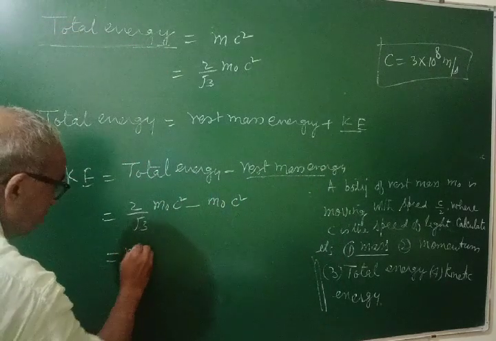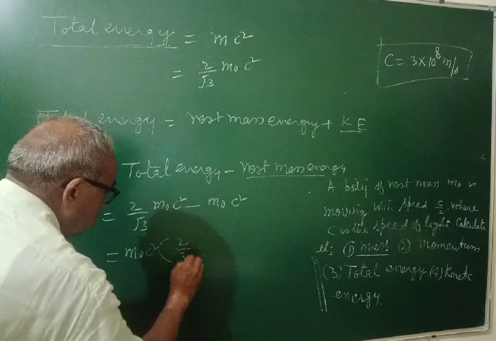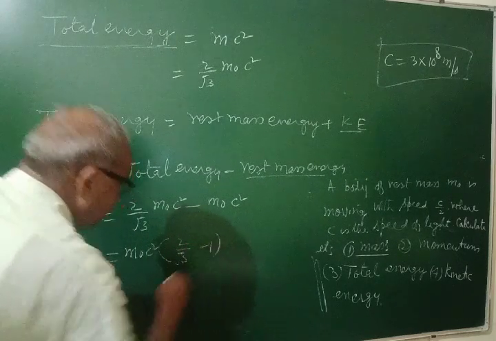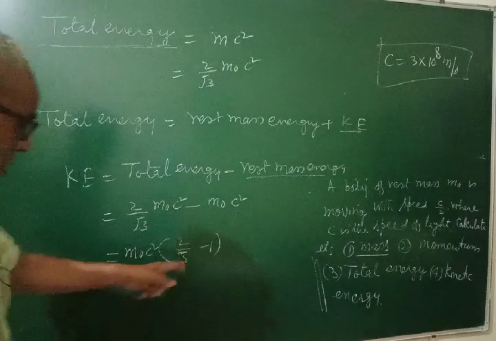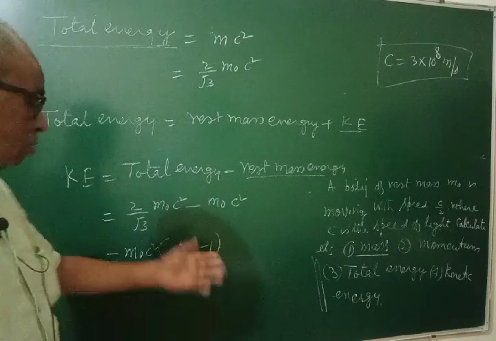So it is m0 c square common, times (2 by root 3 minus 1). As root 3 is less than 2, this value comes positive.